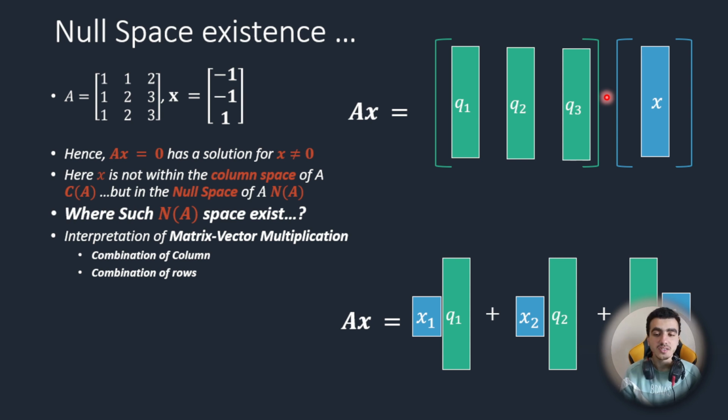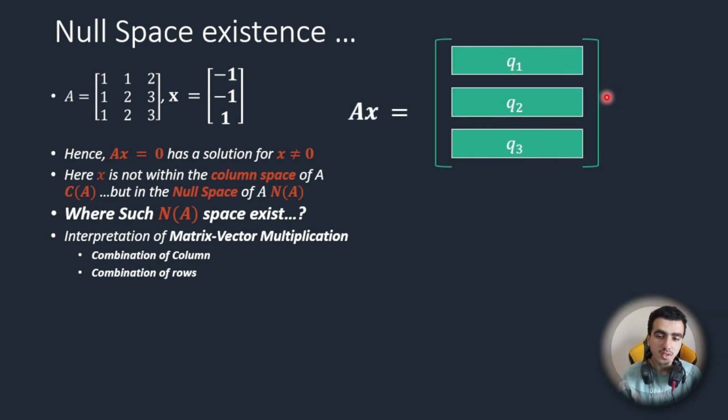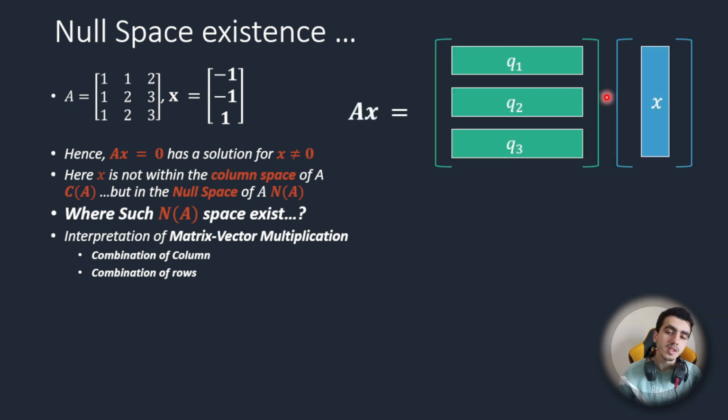Okay, so this is the first interpretation. The second interpretation is the row one. If we write it the row way, this row will be multiplied by this column. All these rows are multiplied by this column, and this is the row interpretation, or the combination of rows.